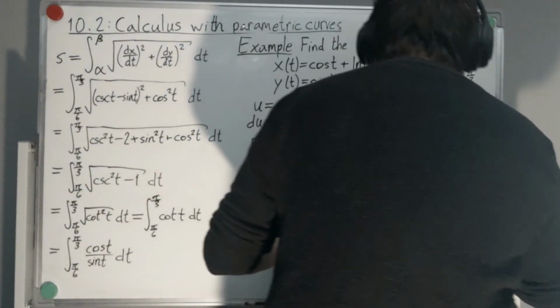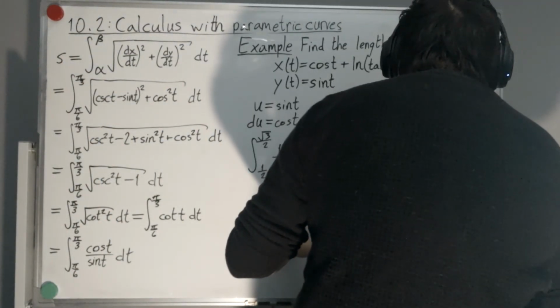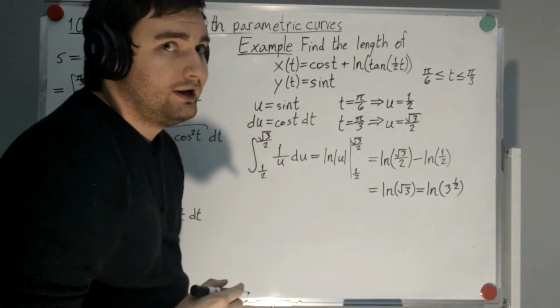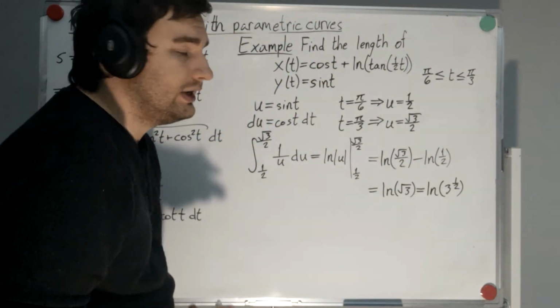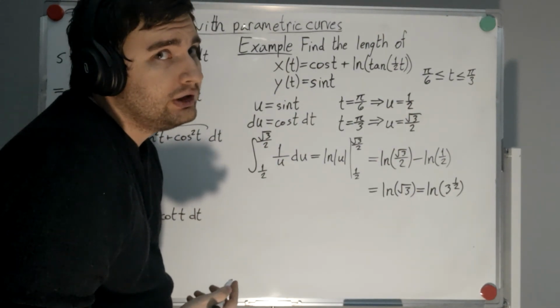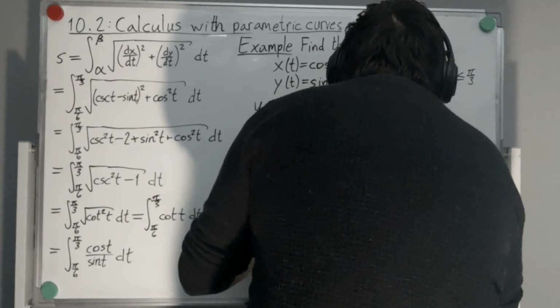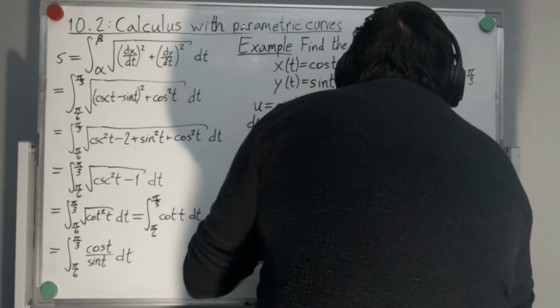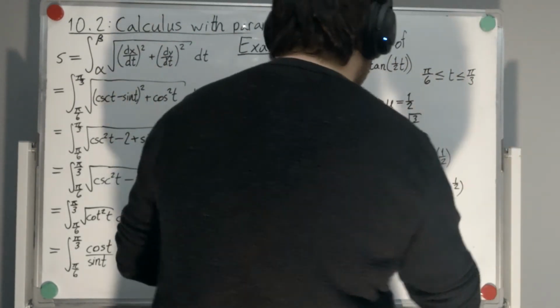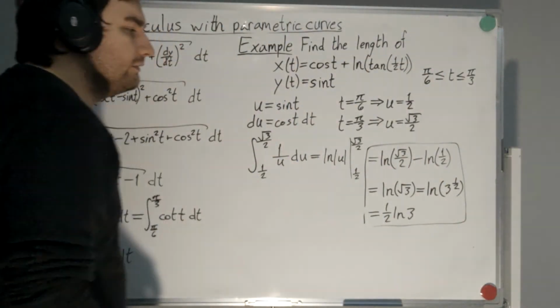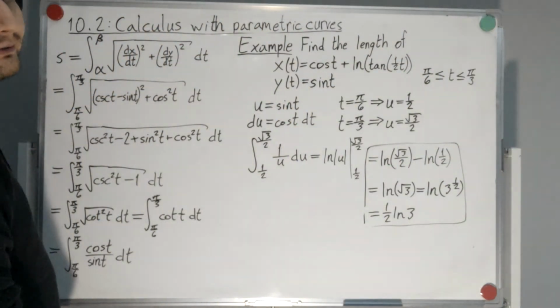And then that, by the way, is natural log of 3 raised to the 1/2. And log also has the property that when you have an exponent in the argument, you can just take that down into a coefficient. So this can become 1/2 natural log of 3. Well, not really the point. The point is that any of those will work as the arc length of this curve.